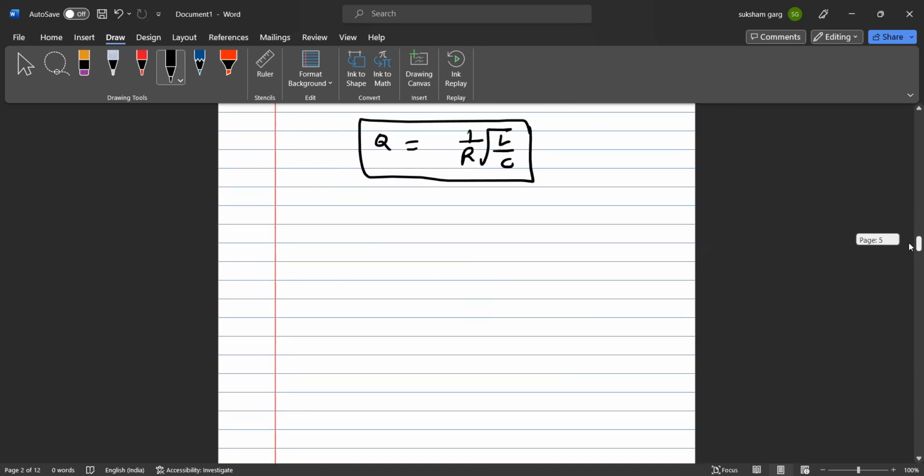Now, the most important thing to learn in this chapter is the power in the AC circuit. To calculate power, always remember the generic rule of current electricity. Power, very important, is equal to EMF or voltage multiplied by current.